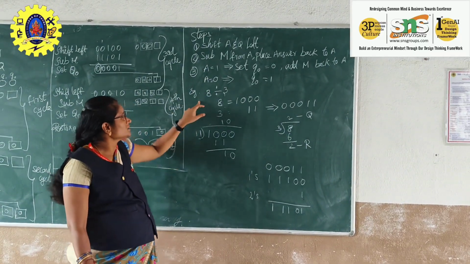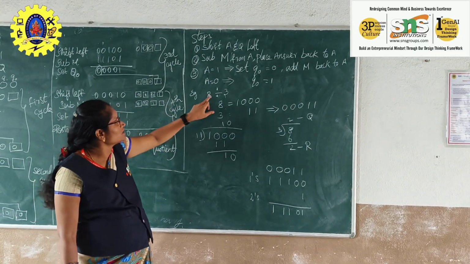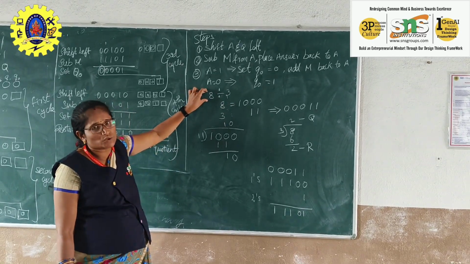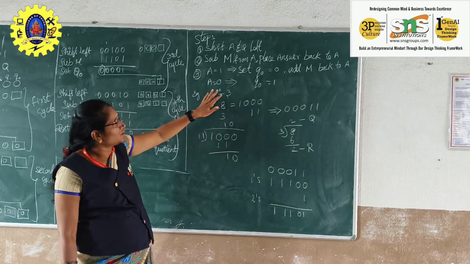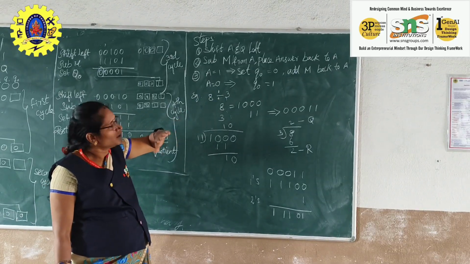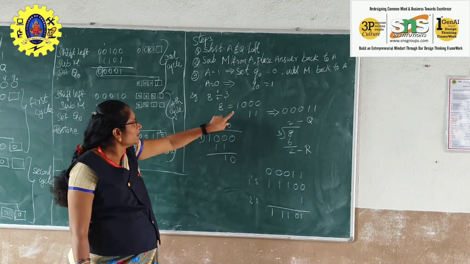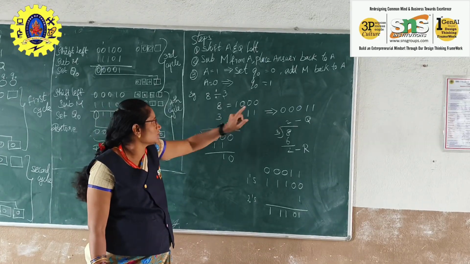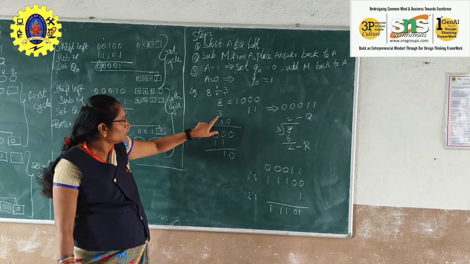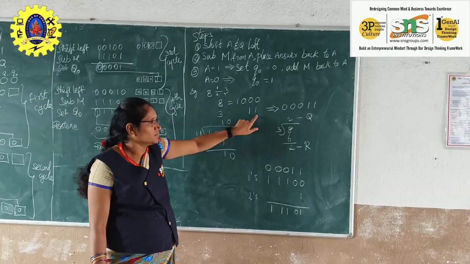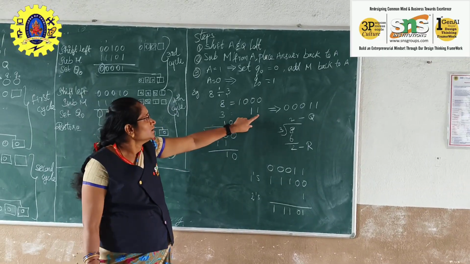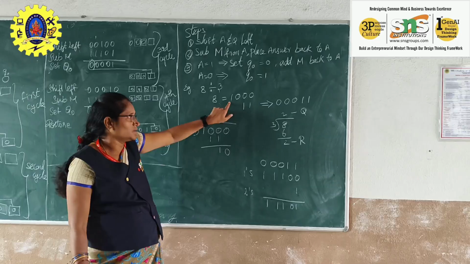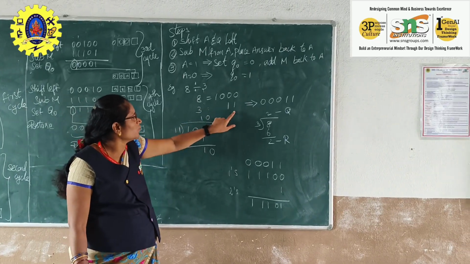Next, we can consider the example 8 divided by 3. We are going to do this integer division through the restoring algorithm. The binary number for 8 is 1000 and for 3 is 11. Already we know that the bit positions are 1, 2, 4, 8; likewise 3 is 1 plus 2.